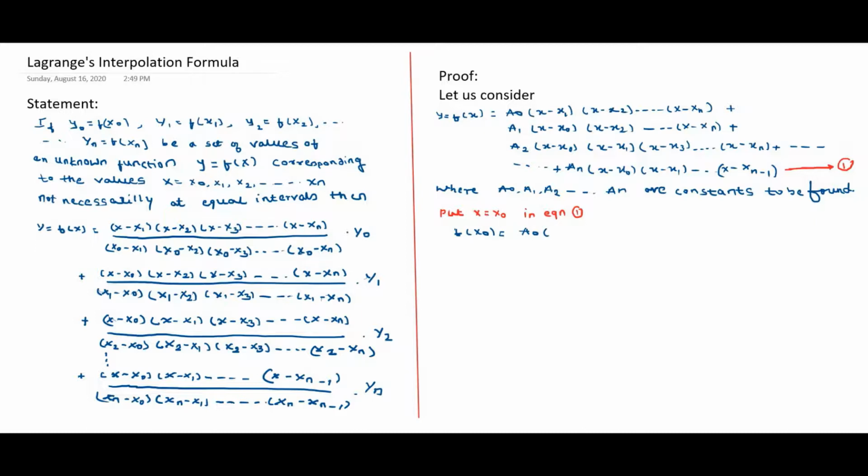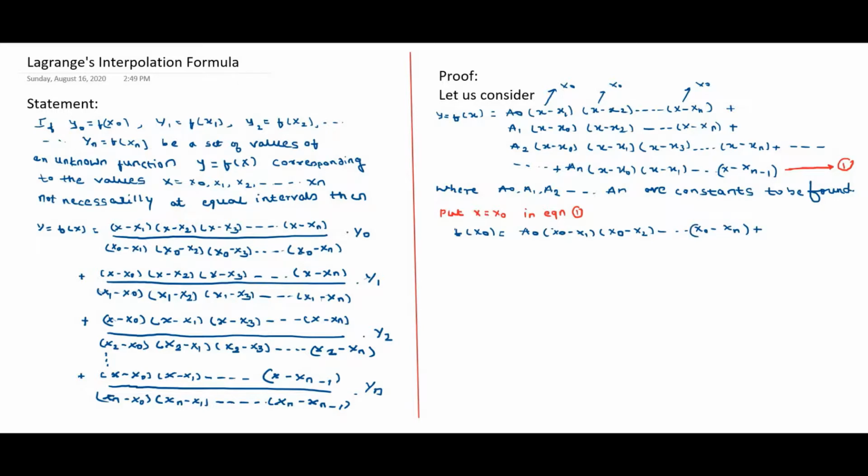into bracket. Now in this case you have to substitute x is equal to x0 in each bracket, and here also x is equal to x0 in the first term. So then you will get x0 minus x1 into x0 minus x2, continuing x0 minus x3, so on up to at last x0 minus xn, plus.